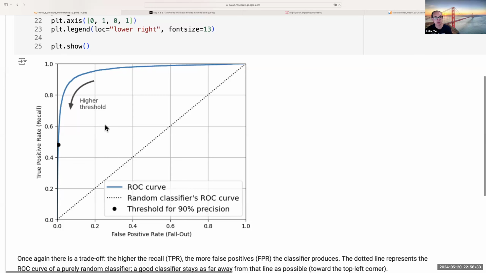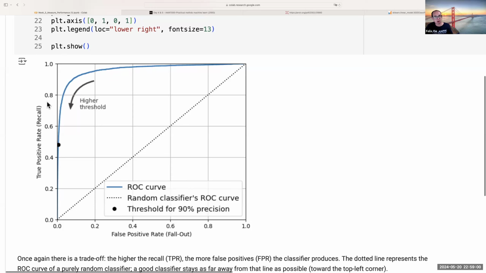Okay, as we mentioned, a good ROC curve should be something off the diagonal. This diagonal line right here says that if we are using a completely random 50% classifier, it should be a diagonal line.